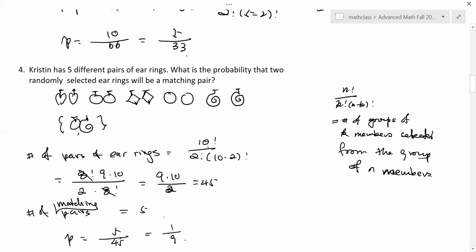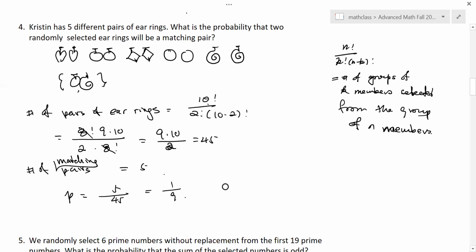Good. No, there isn't matching 5, just 5 pairs there. All right, so that is a probability of 1/9.